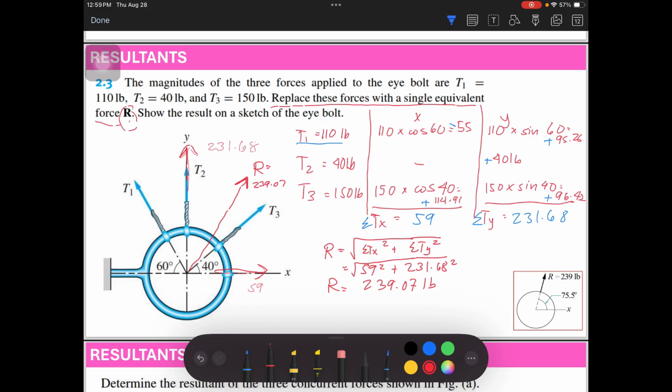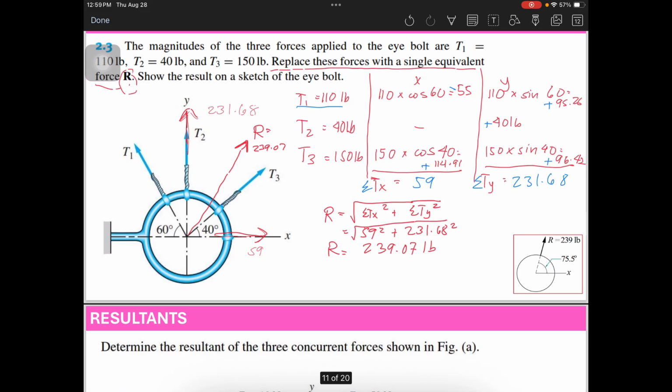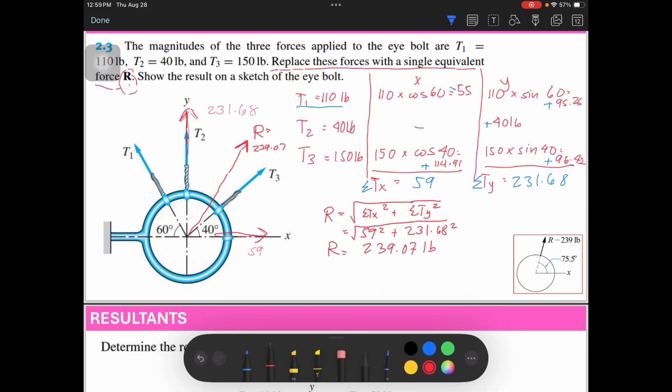And it is equal to 239.07 pounds. To get naman yung kanyang angle, so syempre, yung tangent. Tangent TOA. Tangent angle is equal to opposite over adjacent. So, opposite niya is of course yung TY.